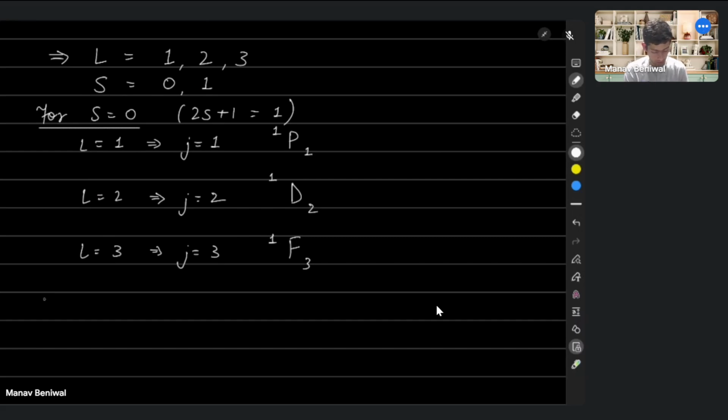Now for S equals 1, our 2S plus 1 will be 3. This is the multiplicity.